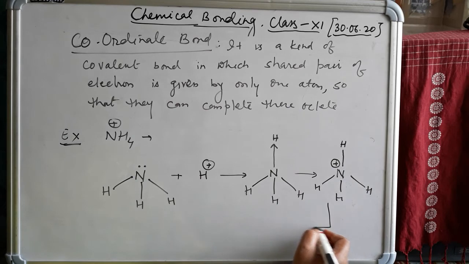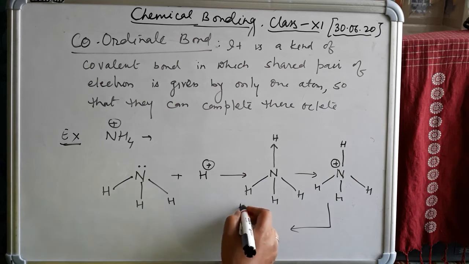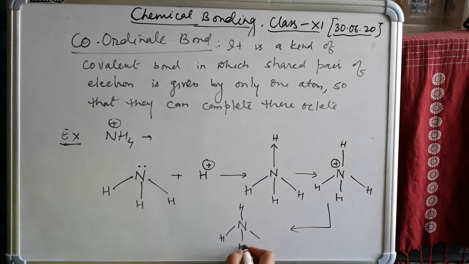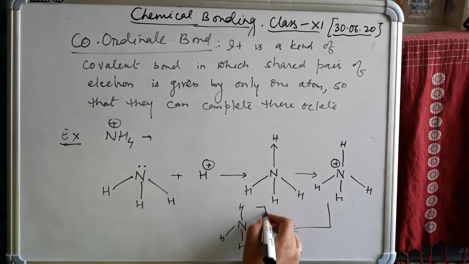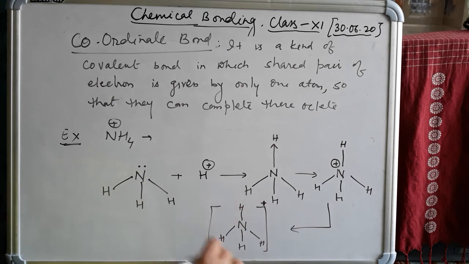We can also represent it as nitrogen with 4 hydrogens, and a total positive charge shown on the overall species, but actually the positive charge is present on the nitrogen only, because nitrogen donates its electron pair.